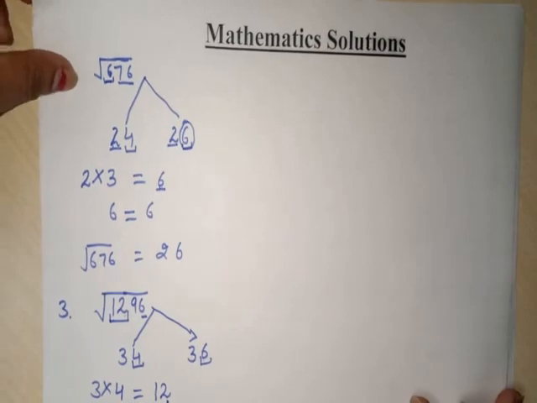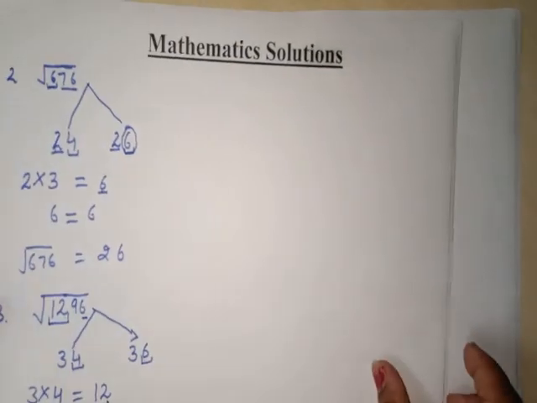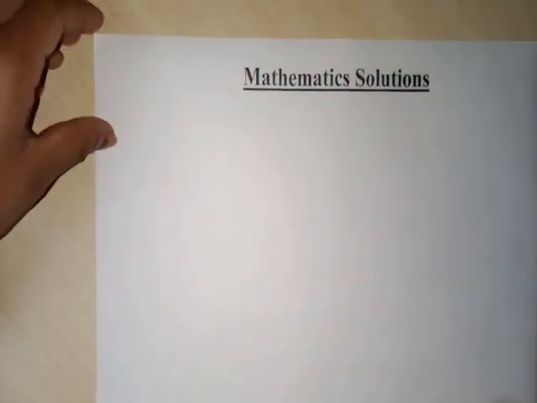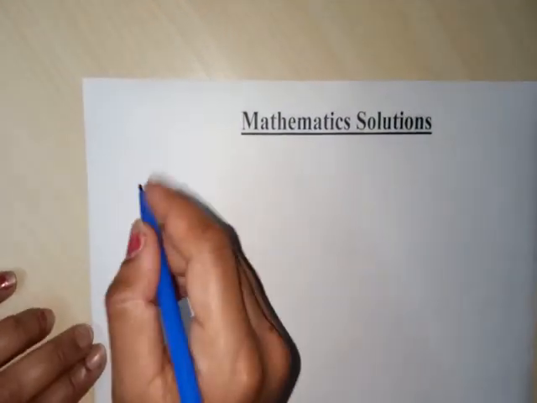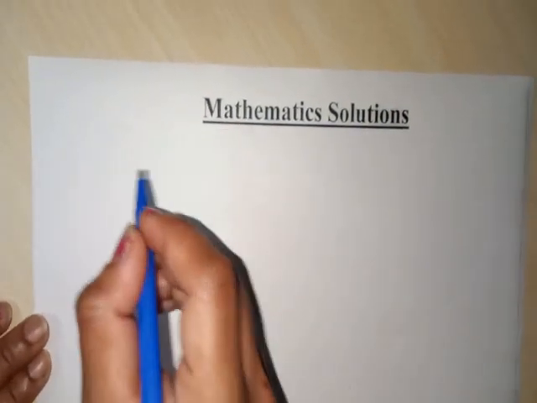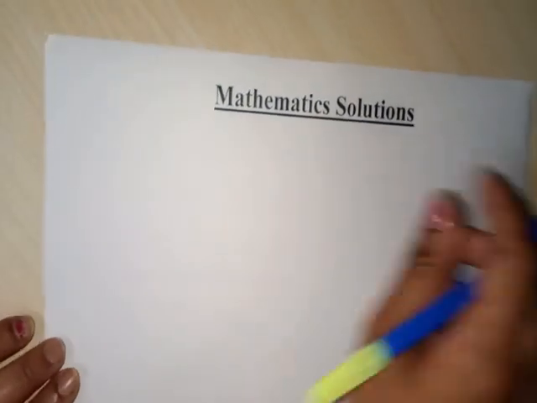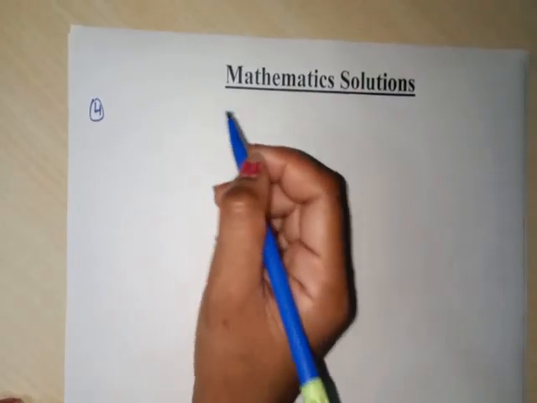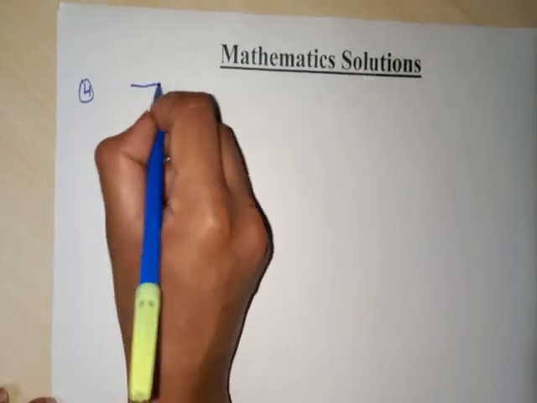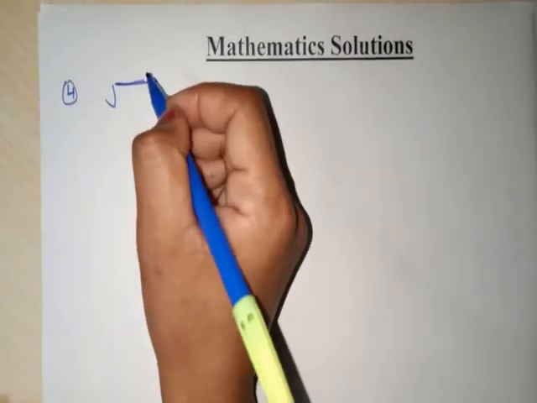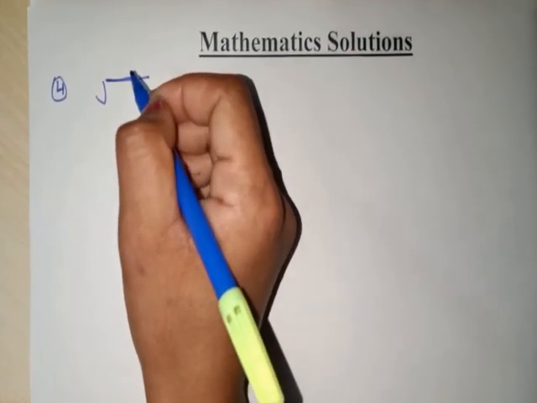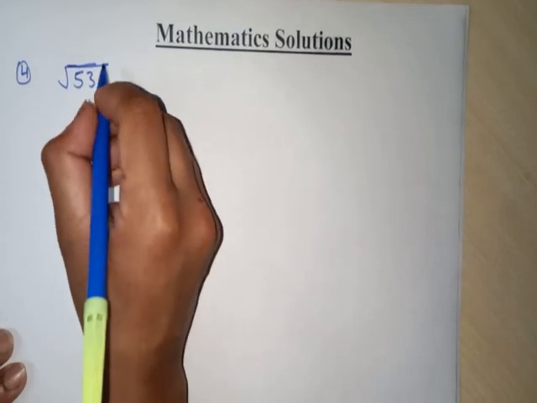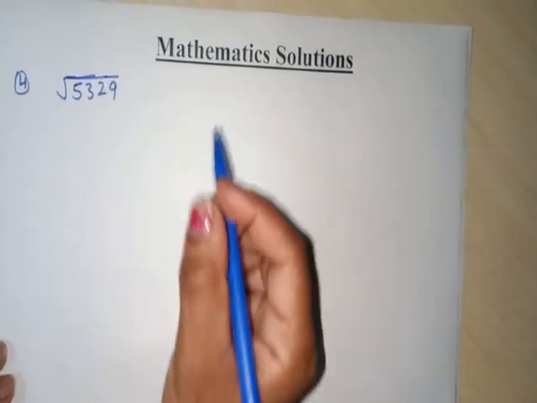So you can see how easily we are finding the square roots of perfect square numbers. Now let's take the last example of a 4-digit number so that you can easily understand this concept. Let the example be 5329.